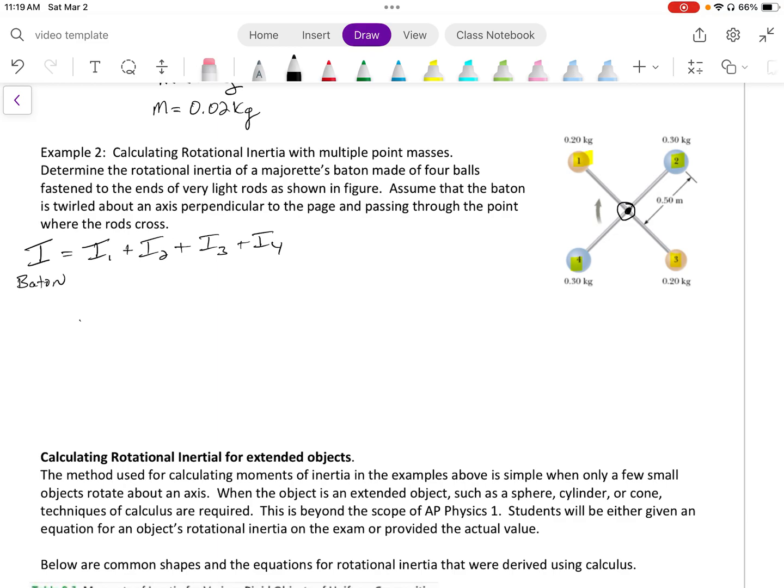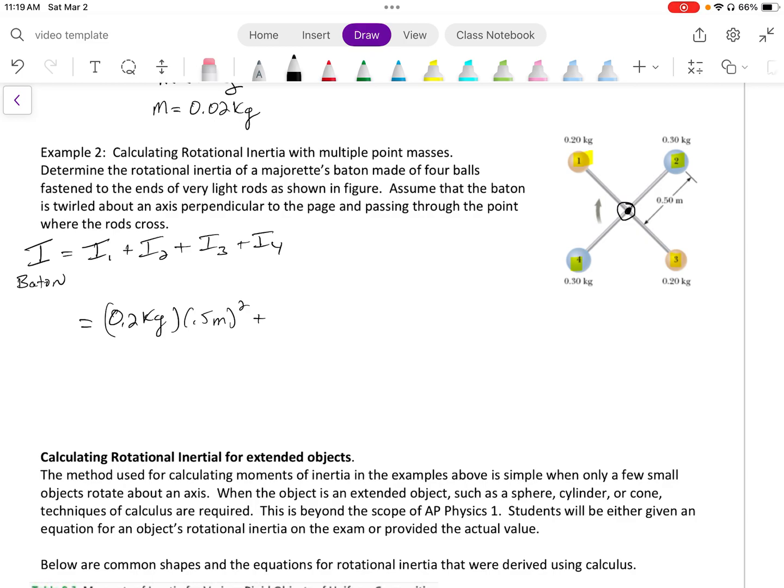Okay, so all of the values were given to me in kilograms. And notice that the distance away from the axis of rotation is 0.5 meters for each baton end. So the I1 is 0.2 kilograms times 0.5 meters squared.